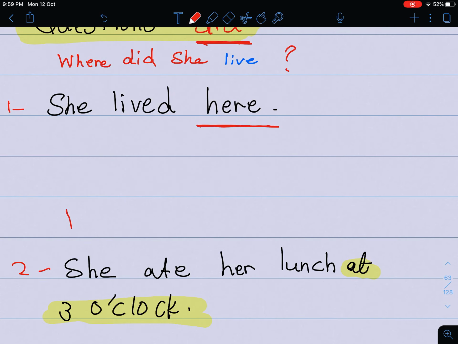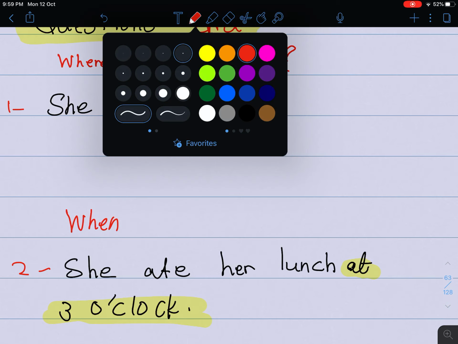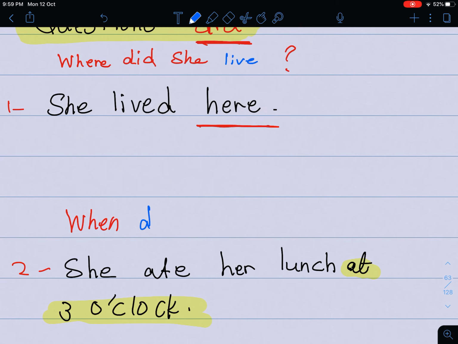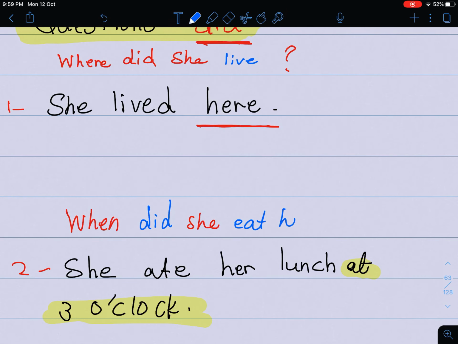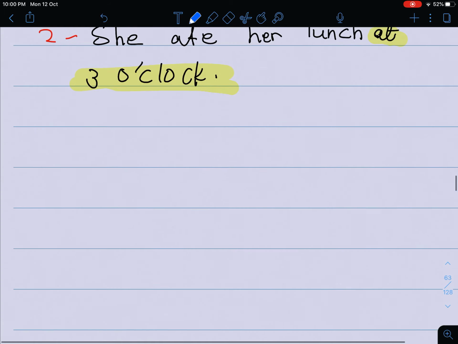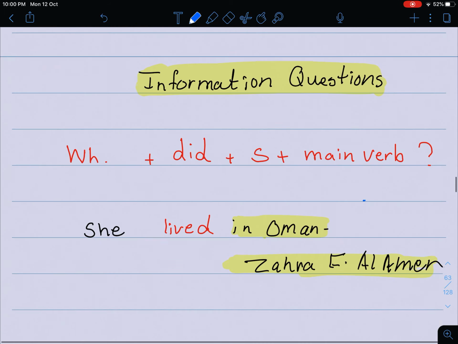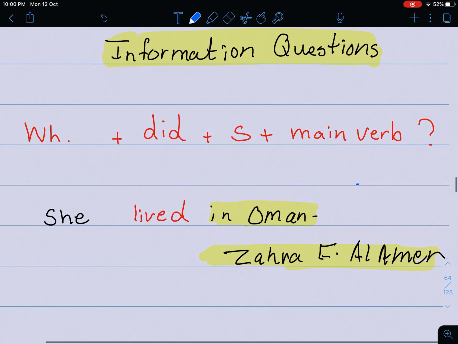So I'm gonna start with when. وشنو راح استخدم الفعل المساعد obviously did, and then of course the subject. When did she eat her lunch. She ate her lunch at 3 o'clock. So it's very clear and very easy.